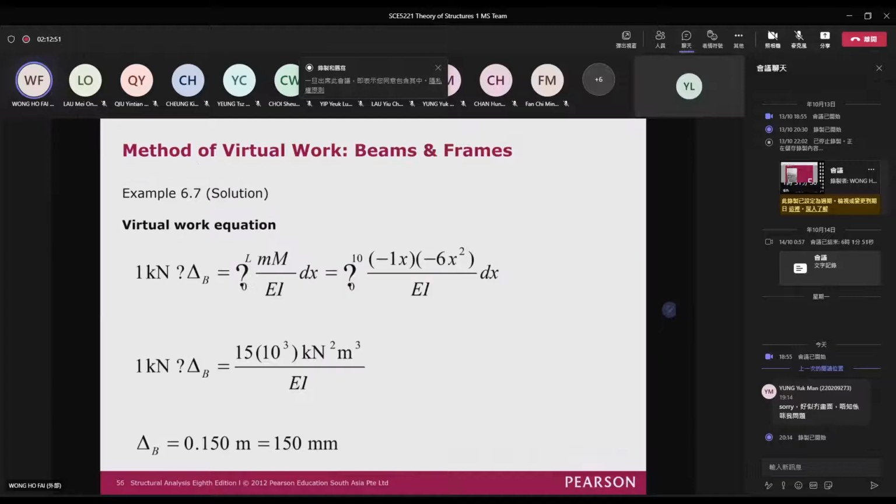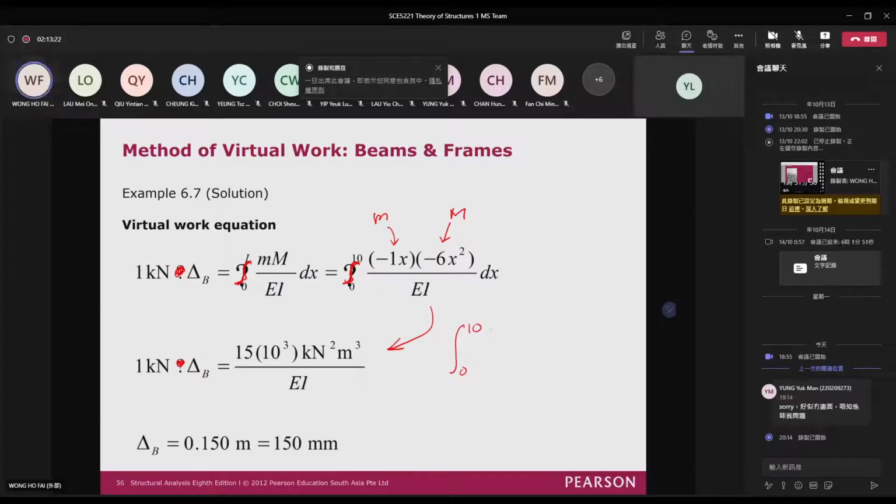And then you will put the small m here, which is the virtual moment, and the large M here. This is the real moment. And then you put the integration here. For here, you will have limits 0 and 10.